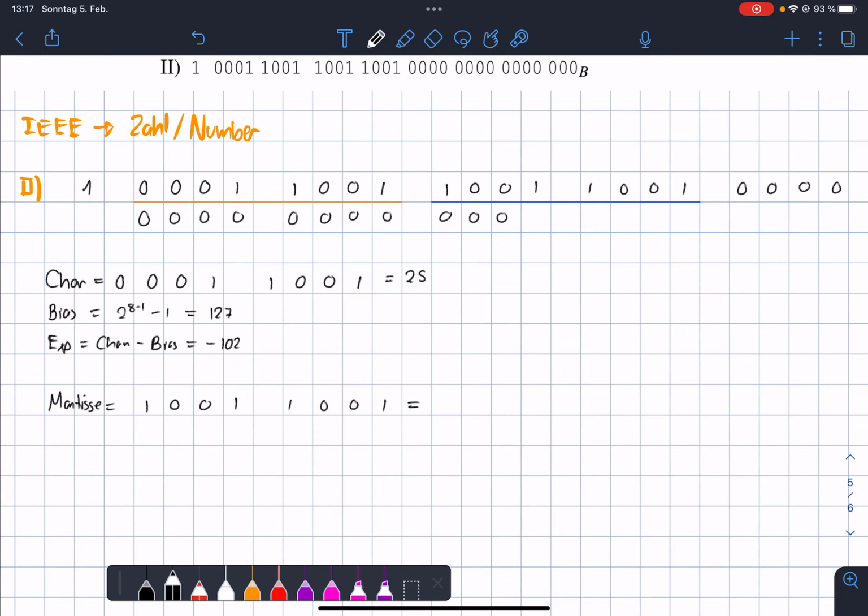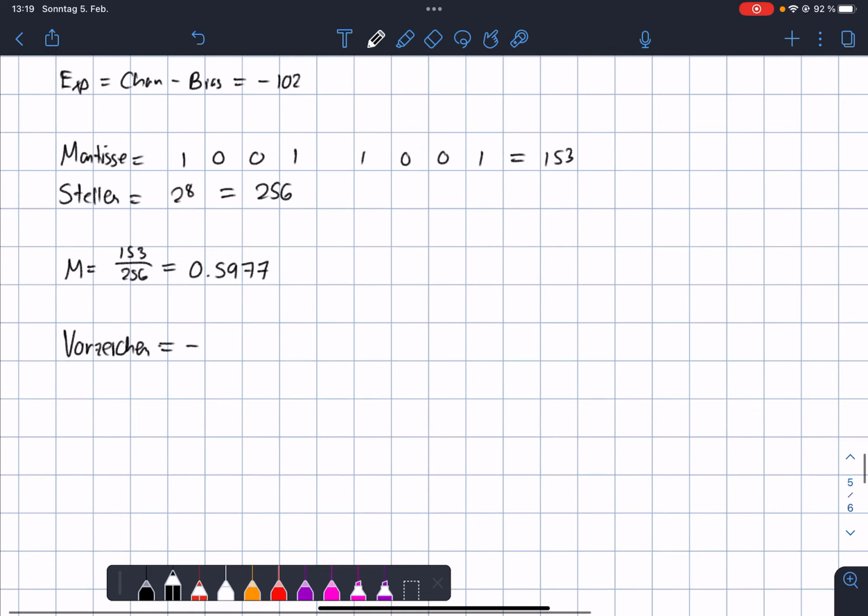Now that we have calculated this, we know that this Vorzeichen or sign is going to be negative because we have a 1. So Vorzeichen is minus. And we're pretty much done. Now we can actually build our number.